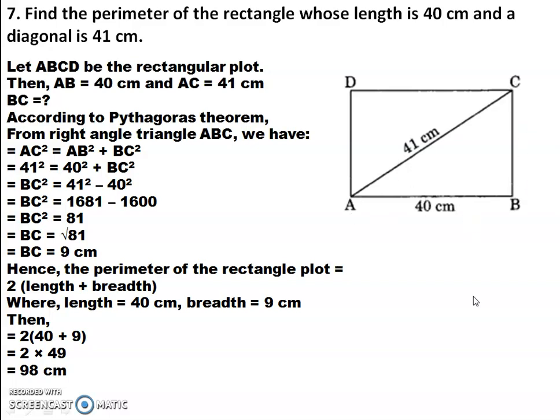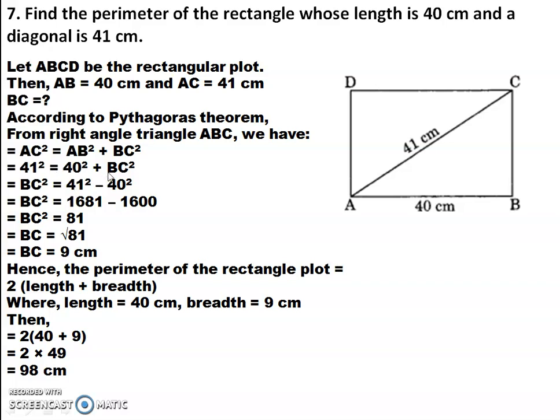If it is a right-angled triangle, you will apply Pythagoras Theorem. Isn't it? Now, can you tell me how we will apply Pythagoras theorem? AB square plus BC square is equal to AC square.